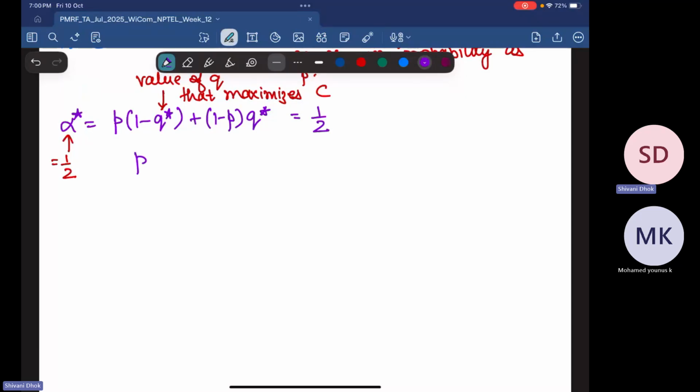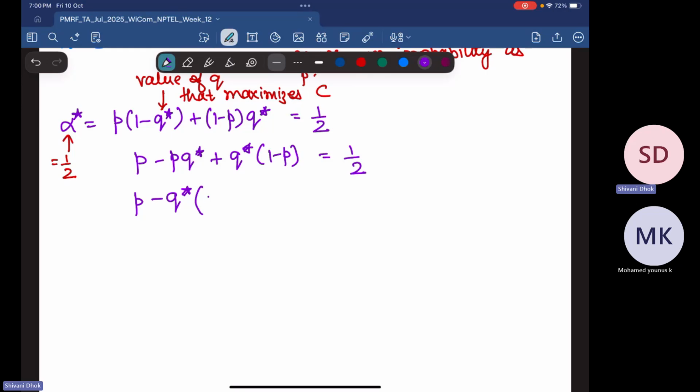Now I can write this as p minus p q star plus q star into 1 minus p, which is equal to half. So I keep this p as it is, and take q star out common.